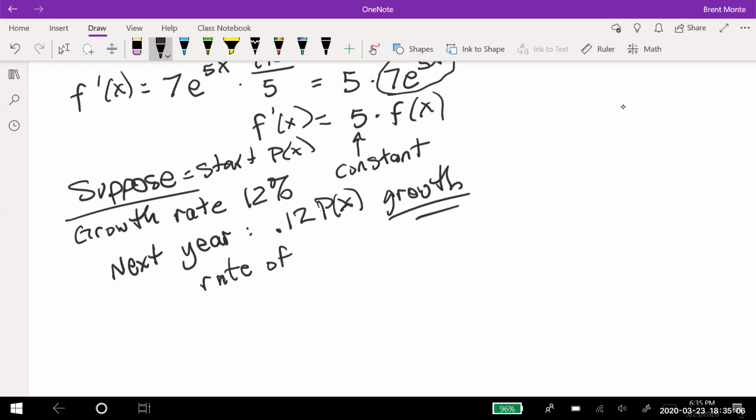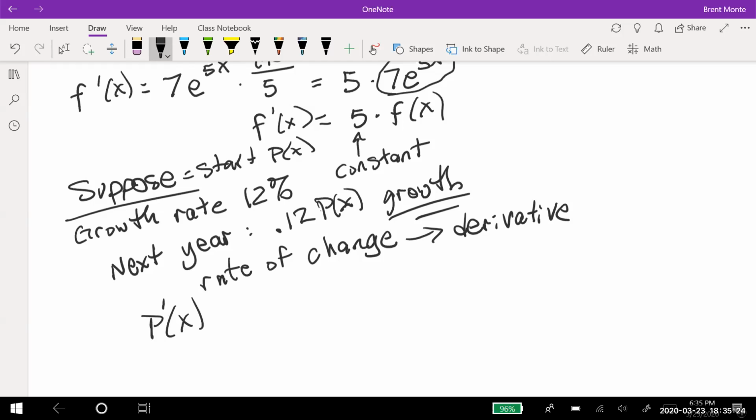That's my rate of change. What do we know is the rate of change? Well, that's the derivative. So in this case, I could say the derivative, if it's P, I could call it P prime of X. The derivative would be 12% of whatever I started with.